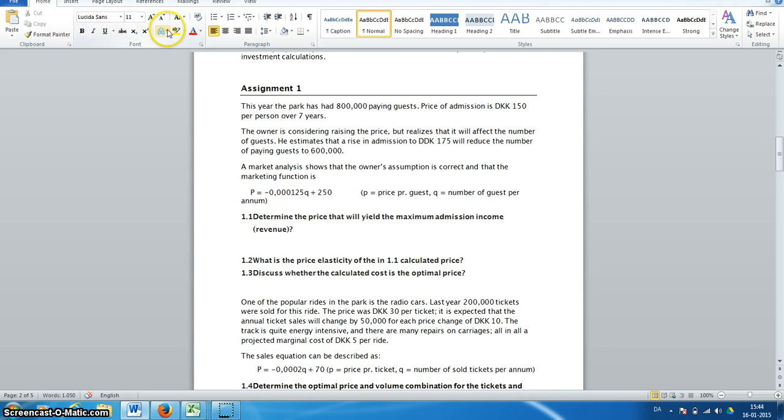And we can find that from this demand function given up here. So that's the method we use. We find the marginal revenue function, and we know that marginal revenue is equal to the demand function but with double slope.